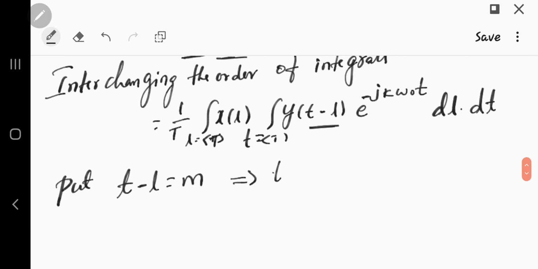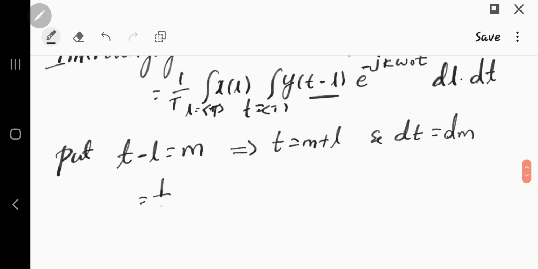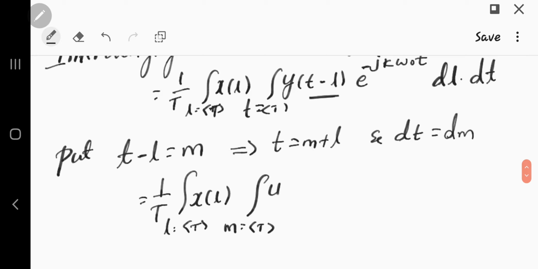So, that transforms t to m plus L, and dt will be equal to dm. So, let us do this.